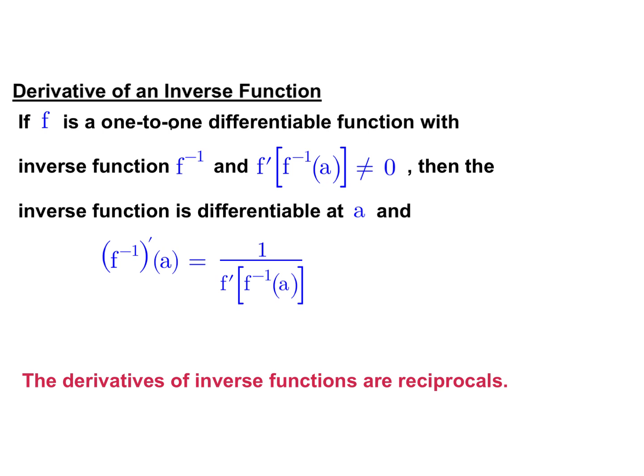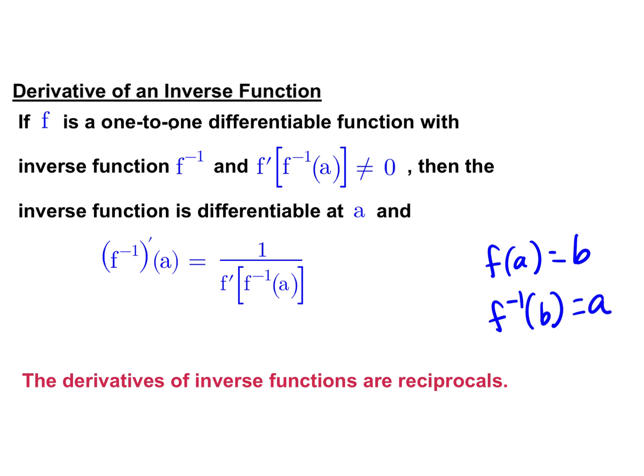Oftentimes you're going to see problems like what I'm about to show you, where they give you part of it and you have to use it to find the rest. It also relies on the idea that when I have a function that is, let's say, like this, the inverse is like this.